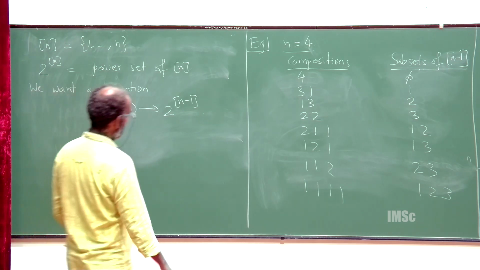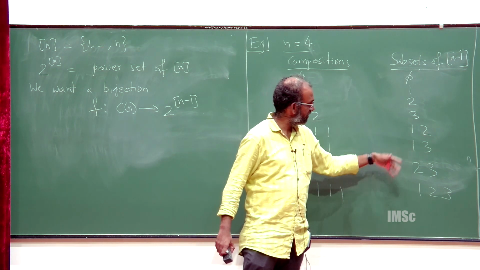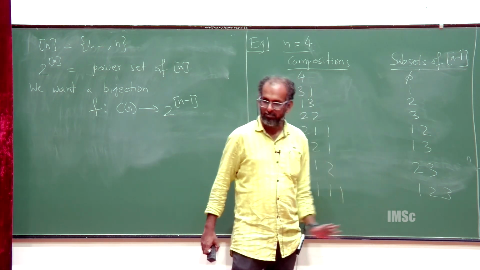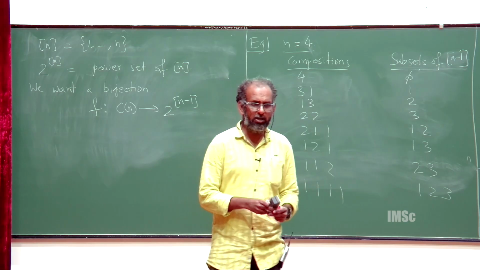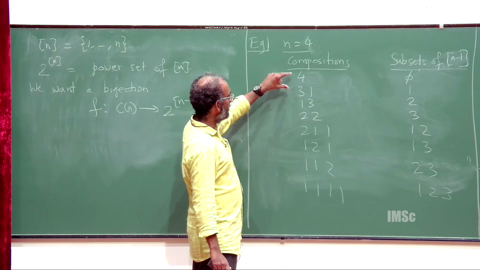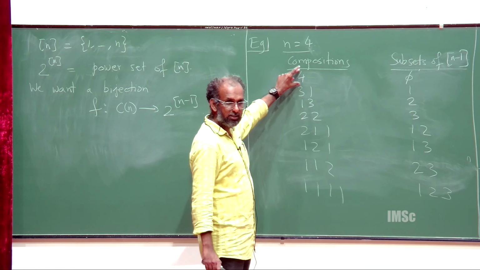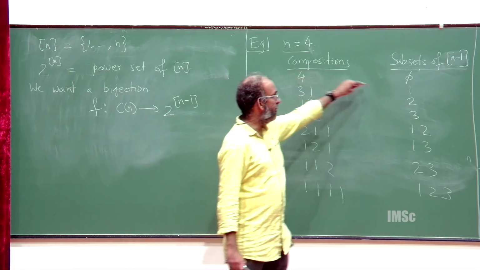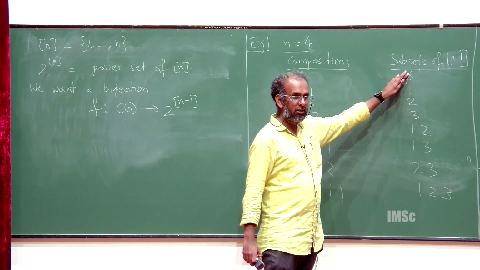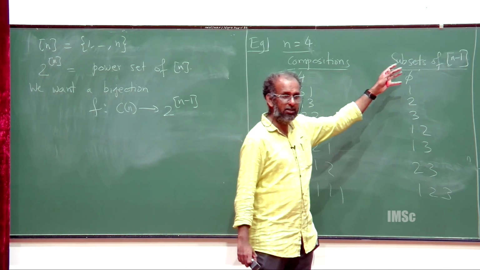Wonderful. Very good. So did you hear what she said? So she's saying that it's somehow natural to take the singleton composition mapping to the empty set. So if the composition has size 1, it maps to the empty set.